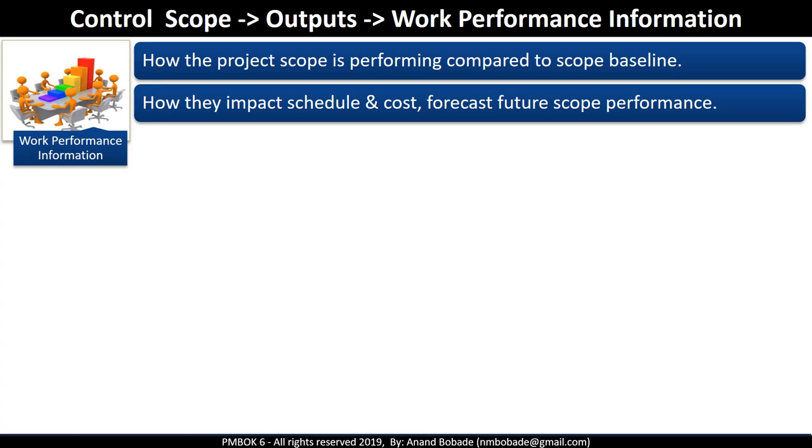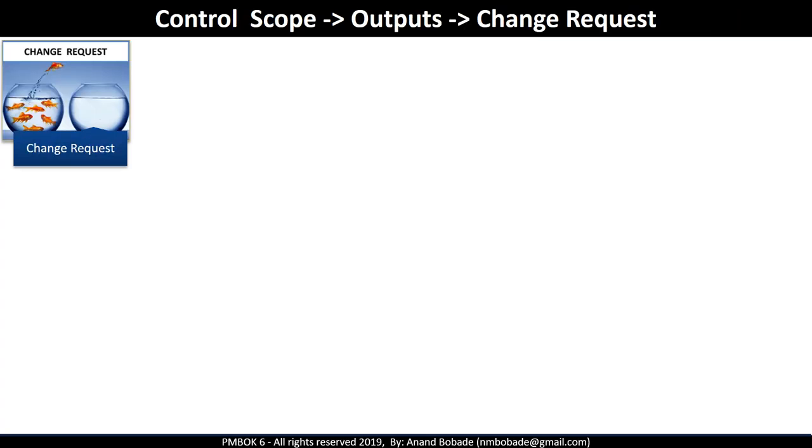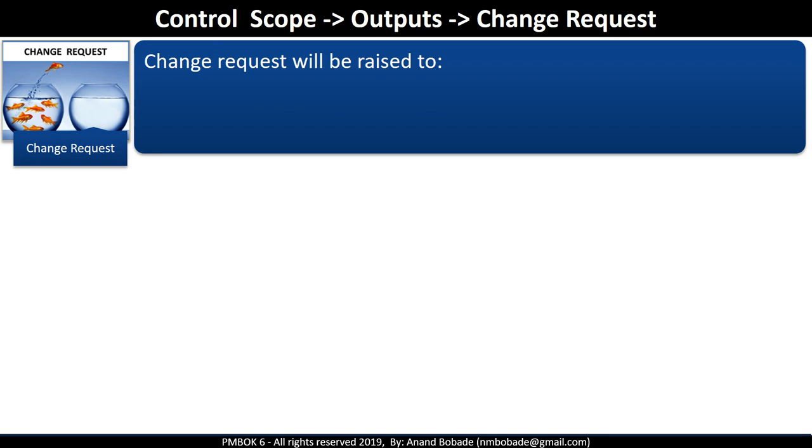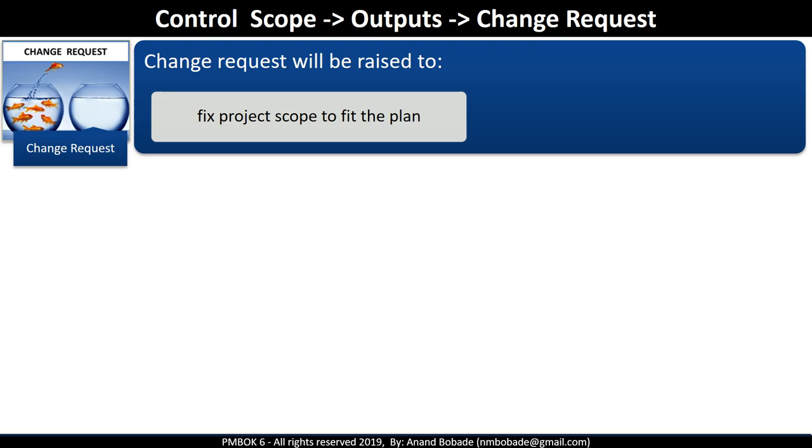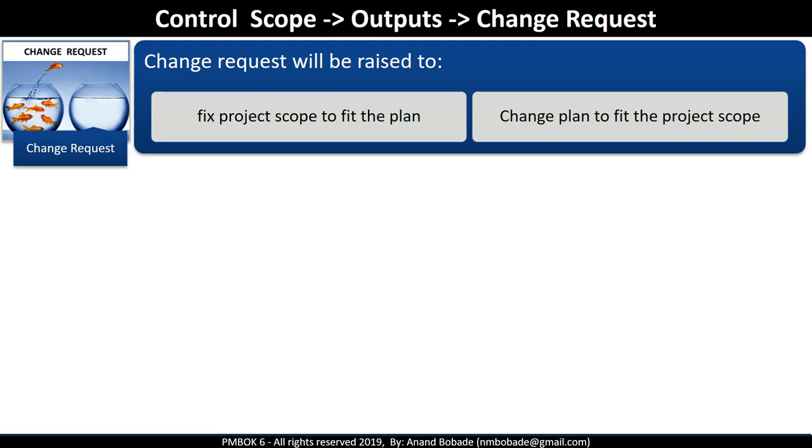The work performance information is then used as an input to monitor and control project work process, which is overall monitoring and controlling process under integration management knowledge area. Change request. Change request will be raised to fix the project scope to fit in the current plan or to change the current plan to fit in the project scope, especially if a plan was found to be unrealistic.